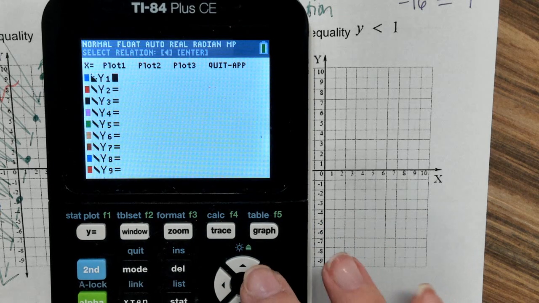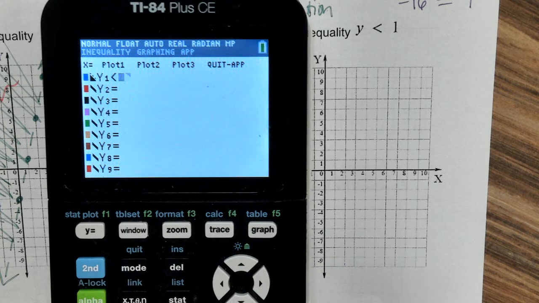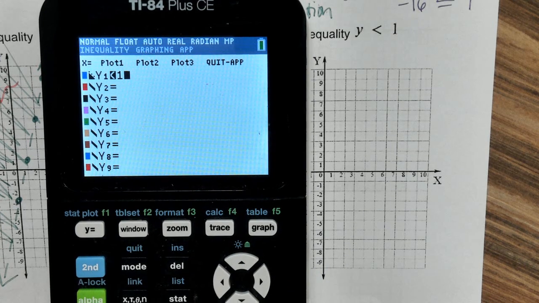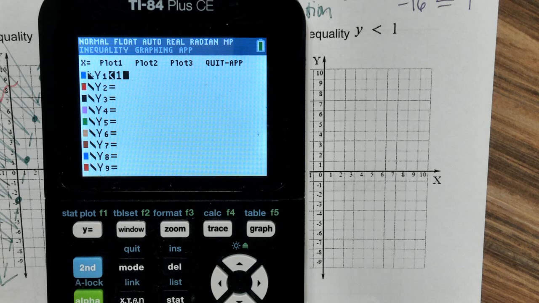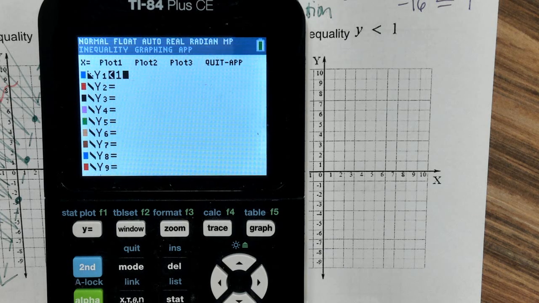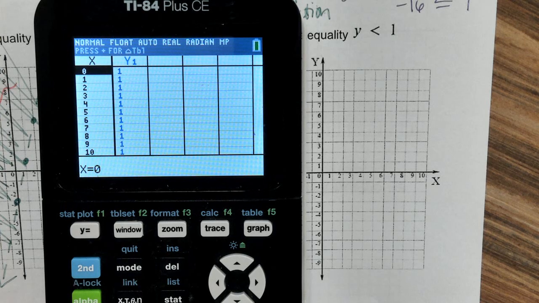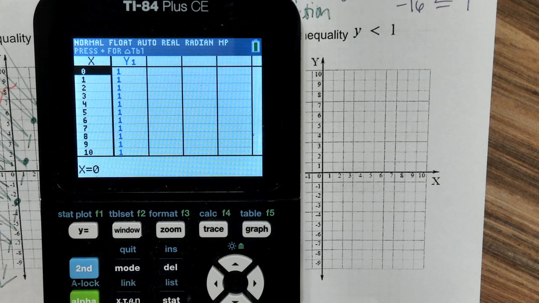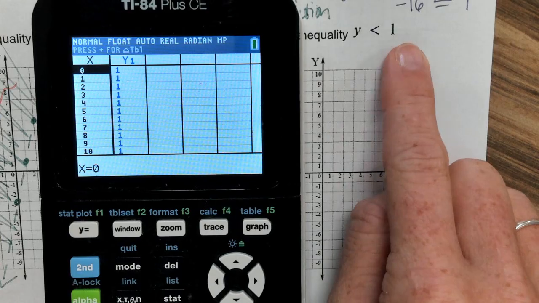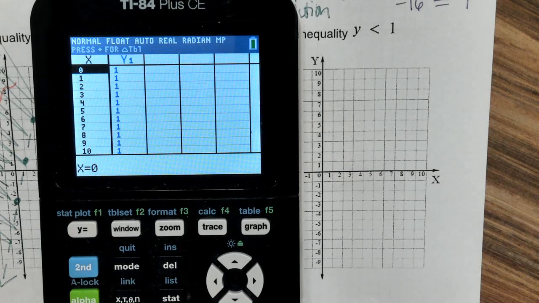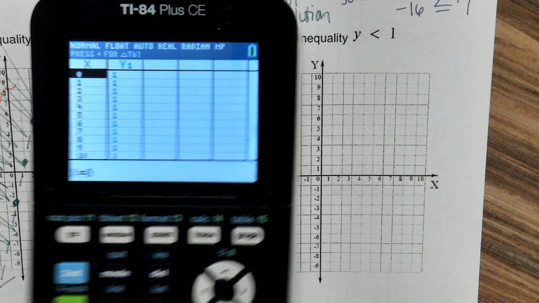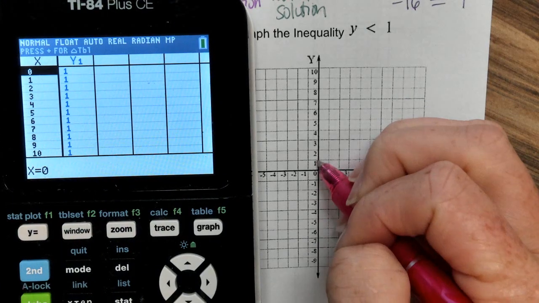And I'm putting y is less than 1. Where am I going to get the points to put? The table. So everybody go to the table. We're going to plot some points. Why do all the y's say 1? Because if I change this to y equals 1, it's going to be a straight line passing through the y-axis at 1. So here's all my dots.